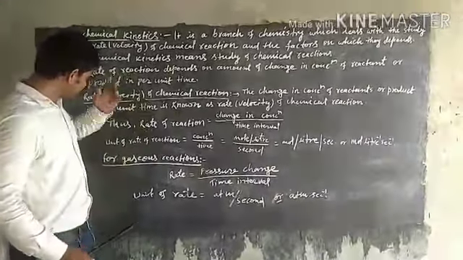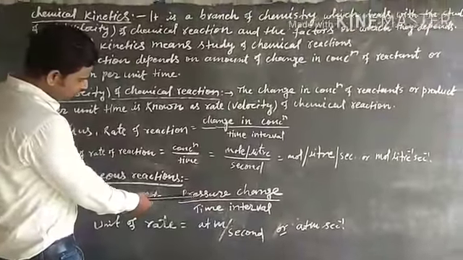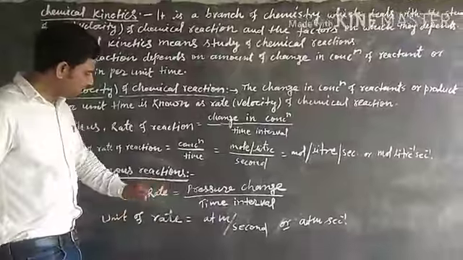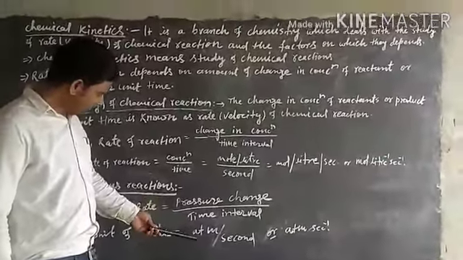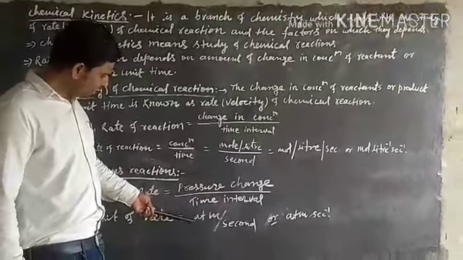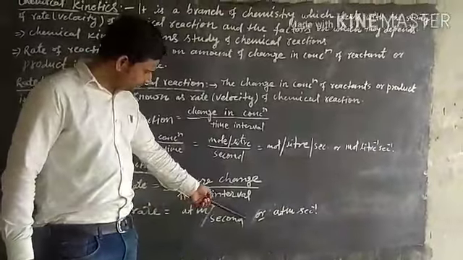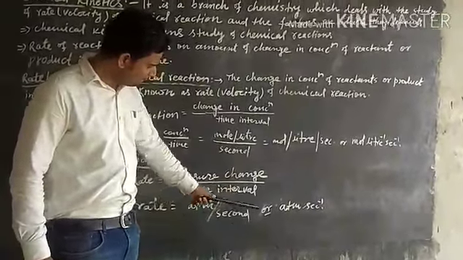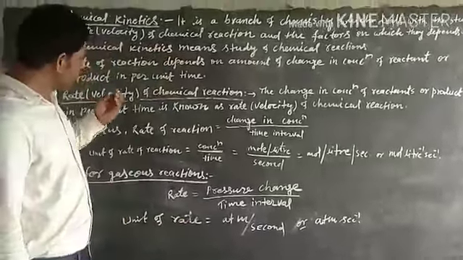For gaseous reactions, the rate of chemical reaction is pressure change by time interval. The unit of pressure change is atm, meaning atmosphere, and the unit of time is second, so it is also written as atm second inverse.